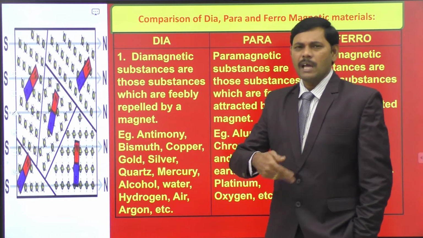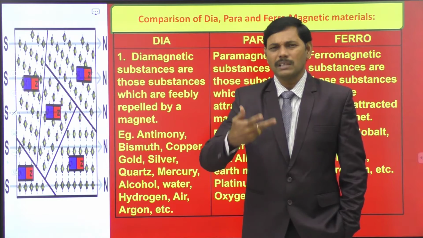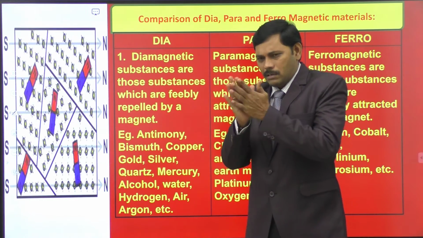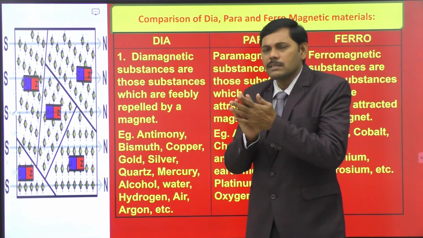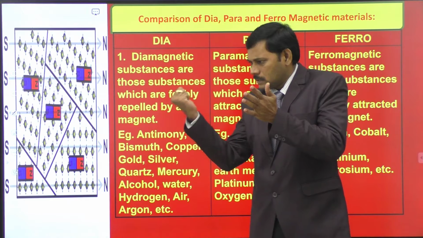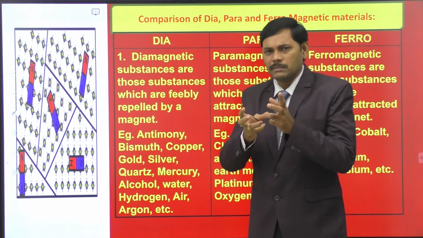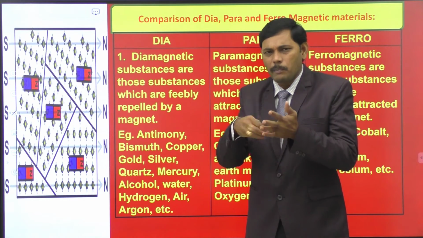Students, this diamagnetic property in general exists in almost all substances. Suppose you have a copper plate. When you move the magnet towards the copper plate, that increase in magnetism through the copper is opposed by the copper.